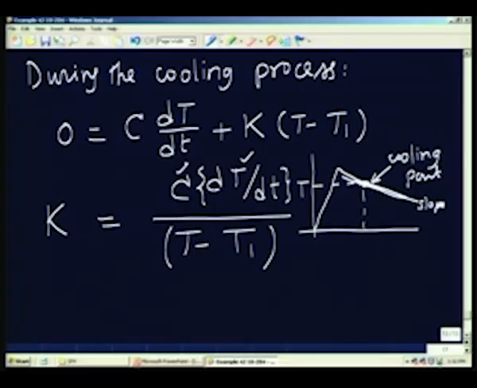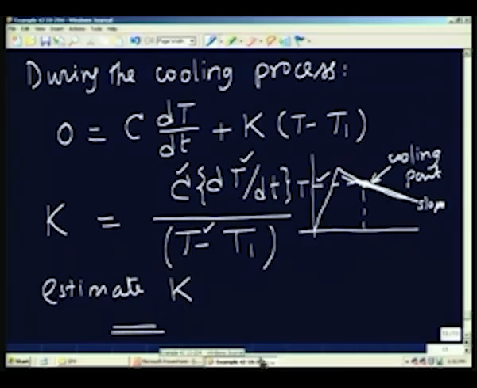C is known, this is the calorimeter heat capacity, and with the T value, we can estimate K from this. So, having estimated K by using the slope of the cooling part at a point where the temperature is T, I use this expression and substitute the slope of the cooling curve.